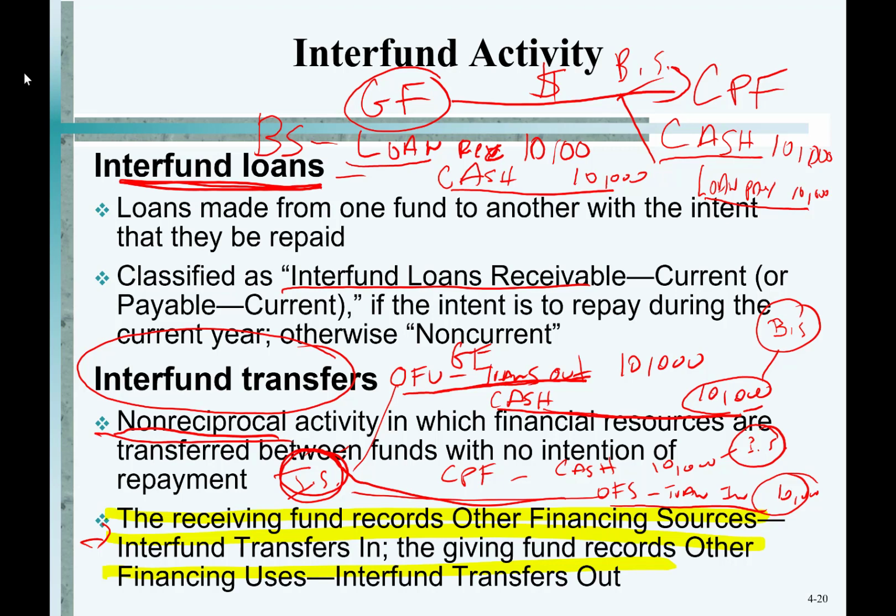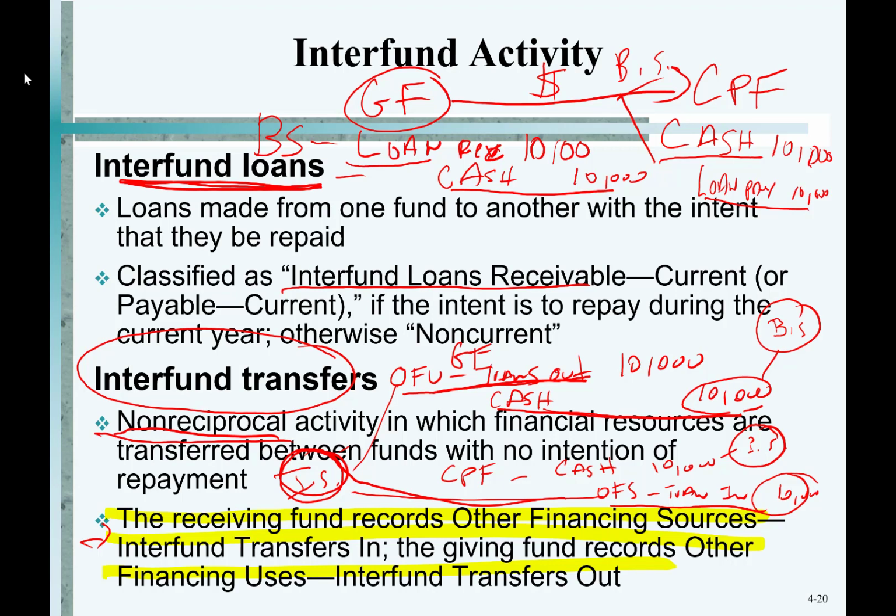In the general fund, we debit loan receivable $10,000 and credit cash $10,000, because that money is going to be paid back. It's purely a balance sheet effect. In the capital project fund, we debit cash and credit loan payable, which is a liability, isn't it?